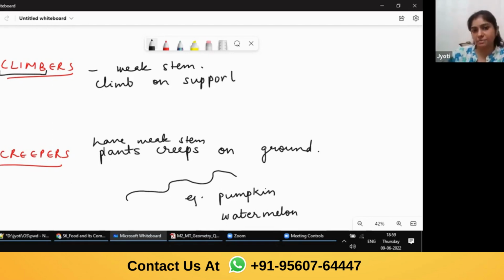Now a question comes, ma'am, if a creeper gets a support, can it also climb? No, the answer is no. They will only creep on the ground. They will never climb. Even if they get any support, they will not climb. So climbers will only climb when they find any support. A very common example you might have in your home is the money plant.